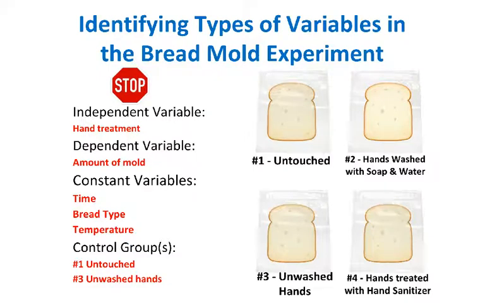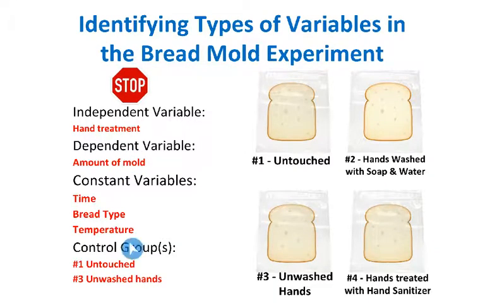The reason we put things in the refrigerator is to help them stay good longer so they don't grow so much mold. So we need to make sure that we're keeping all of these pieces of bread at the same temperature. So these are some constant variables, to make sure that it's really what we did with our hands that affected how much mold grew, okay?